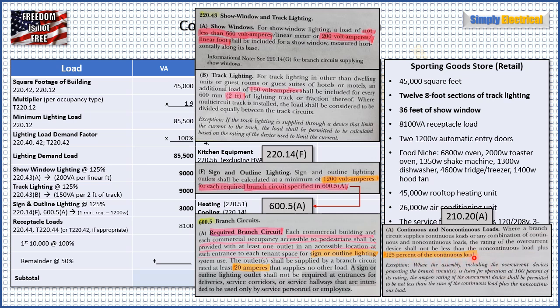And then there's an exception down here about an assembly, which we're not dealing with here, so I'm not going to worry about that for our calculation. But anyway, up here it tells us we have to take 125% of any continuous load. So in commercial, many of the loads will be continuous, especially lighting. So that's why we've been multiplying these by 125% for the other lighting.